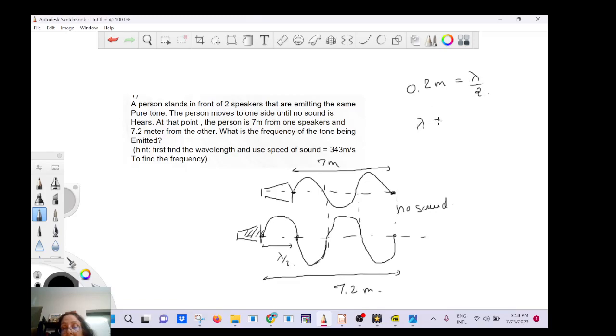So the wavelength is going to be 0.4 meters. That means the frequency equals 343 divided by 0.4, and what you get is 857.5 hertz. So that's going to be the answer.